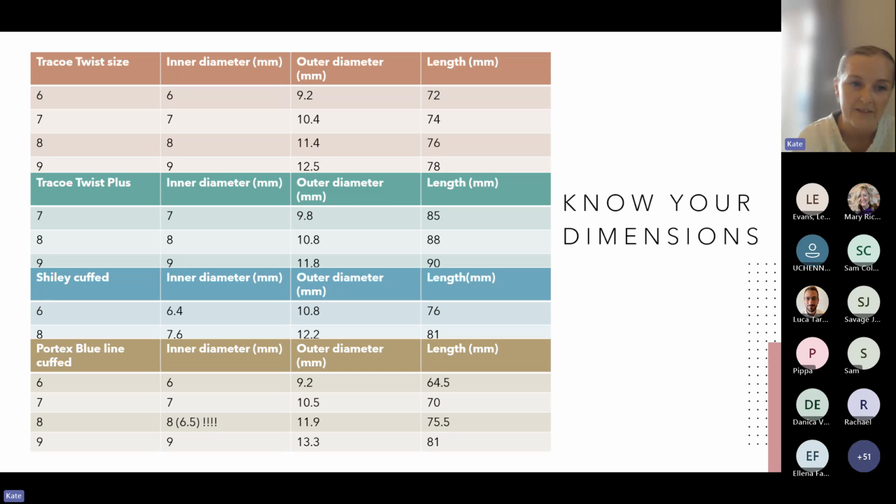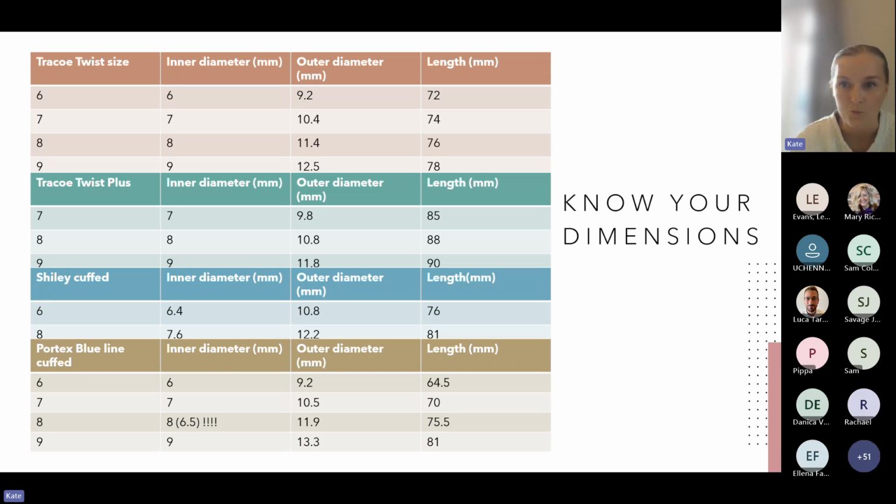Once they put the inner cannula in situ, the inner diameter clearly reduces, and it goes down to 6.5 mil. So the true spacing of that inner diameter for a Portex Blue Line is only 6.5. And again, the outer diameter is 11.1. So it's still greater than your Tracheo Twist Pluses and still slightly greater than your Tracheo Twists.